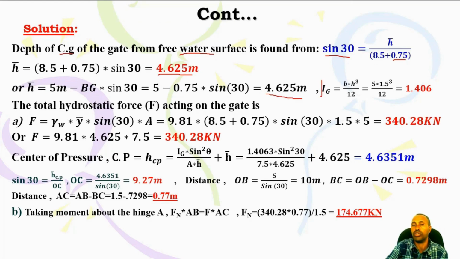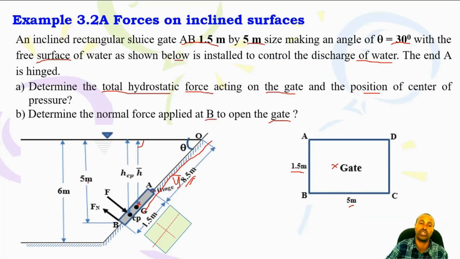Then the moment of inertia about the center of the gate is b h cubed over 12. So you have b as 5, h as 1.5, cubed over 12, in meters to the power of 4, which is the moment of inertia of the gate about the centroid. The total hydrostatic force acting on the gate is gamma w times y bar, which is h bar over sine theta, times A. This is the force acting perpendicular, normal to the gate, so you have to use this y bar.